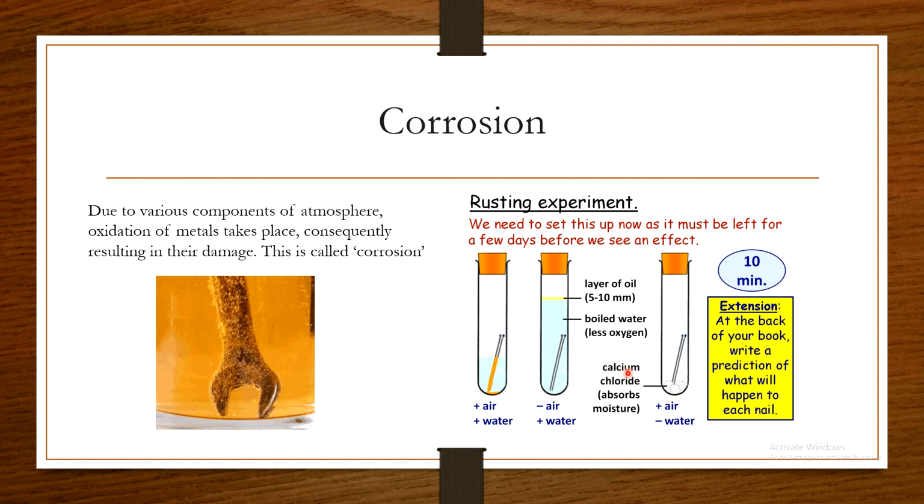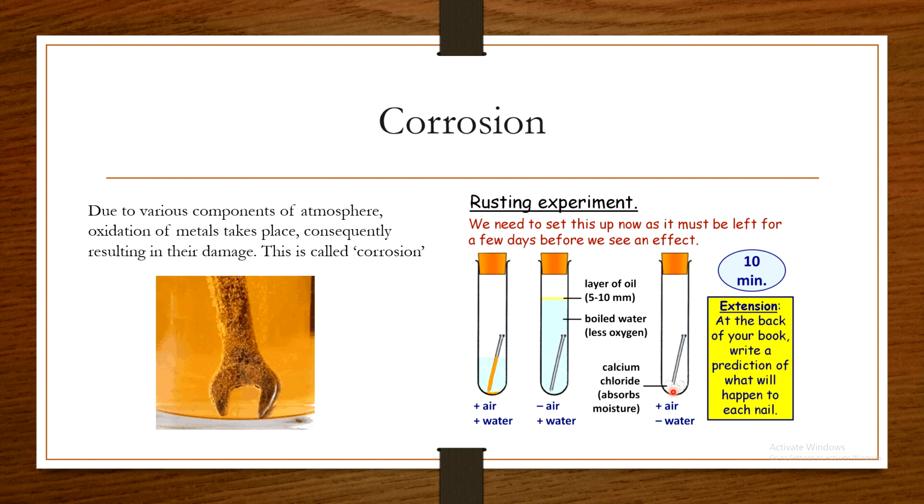After some time, if we observe, the nail exposed to air and water gets rusted. There is a brown layer on the nail, which results in damage to the nail. This is called the rusting of iron.